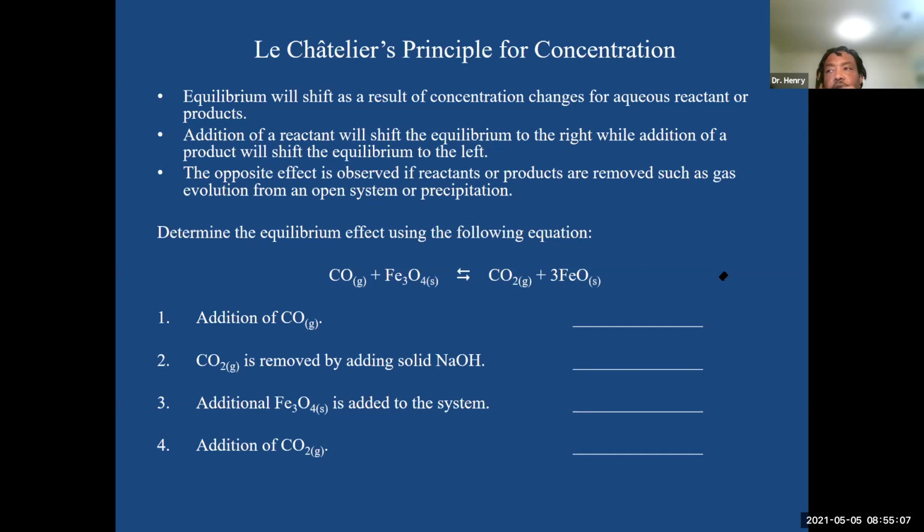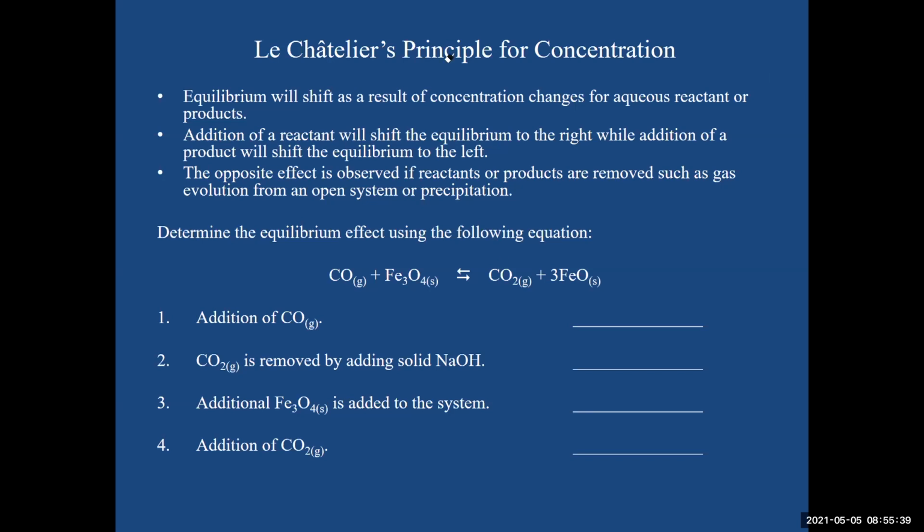So in this case, which way is it going to be shifting if we add carbon monoxide? Isn't it dependent on whether we're adding to the reactant or the product? We have carbon dioxide as a product, right?